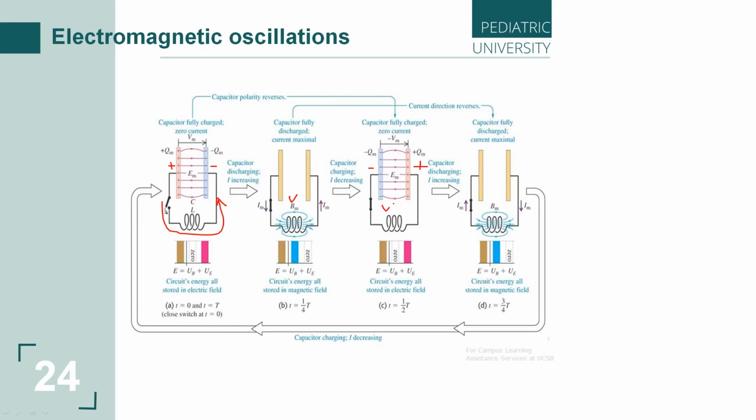Then the capacitor is discharged again. A current appears in the coil again, and the magnetic energy is maximum and electric energy is zero.